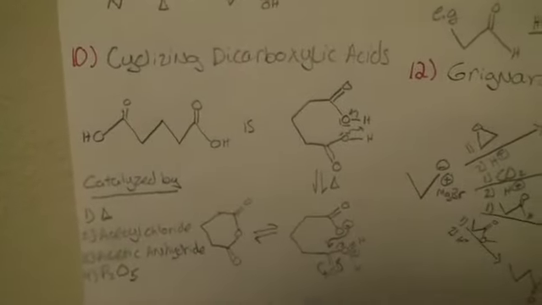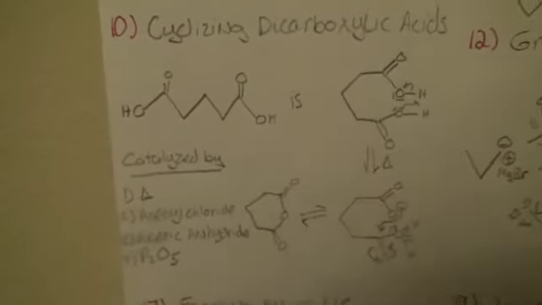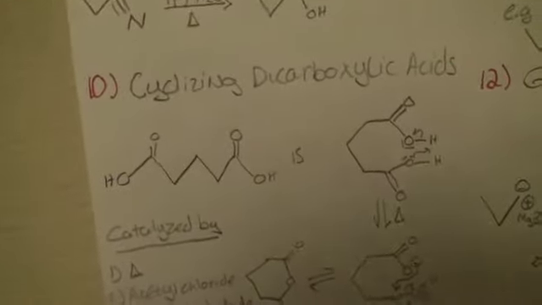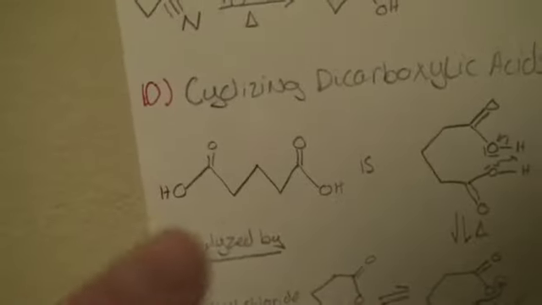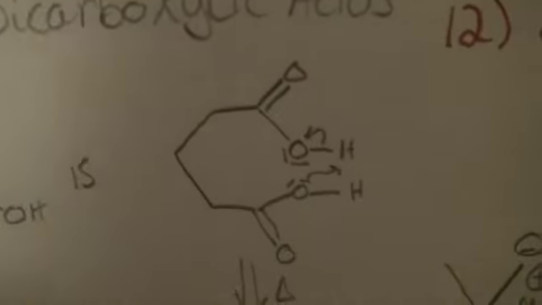When you have a dicarboxylic acid, you can form 5- and 6-membered rings pretty easily by making the acid anhydride, because it can curl up if it's long enough. See how this guy, when you rewrite it in its curled form, it's really this. And using lasso chemistry, you can see that there's water in there.